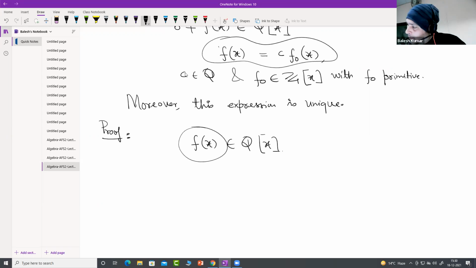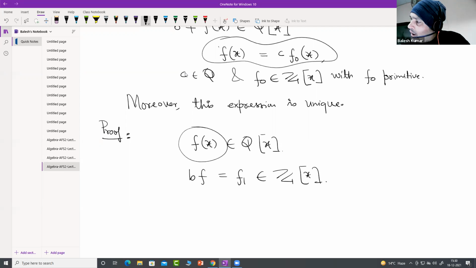Let us give it a name, so b times f is equal to f1. Now if you multiply by the LCM of the denominators, f1 is a polynomial with integer coefficients.